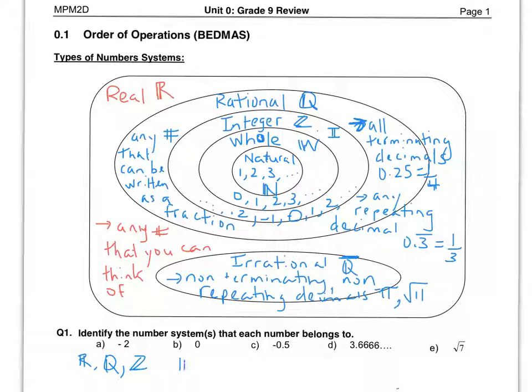Okay, 0 should be real. It's rational. It's integer, and it's whole. -0.5, that one should be real. And it's rational. I should switch to a different color so that you can actually see which one goes with which.